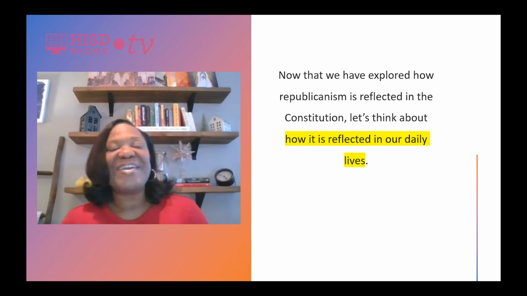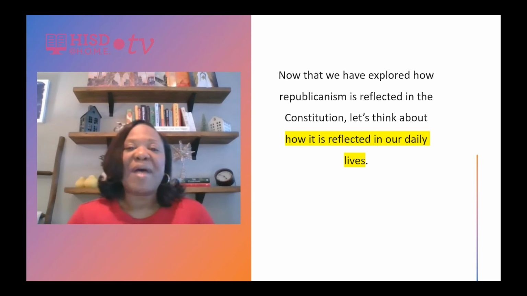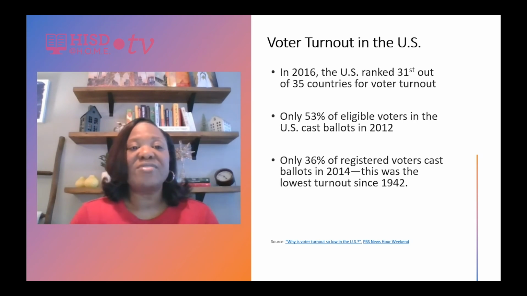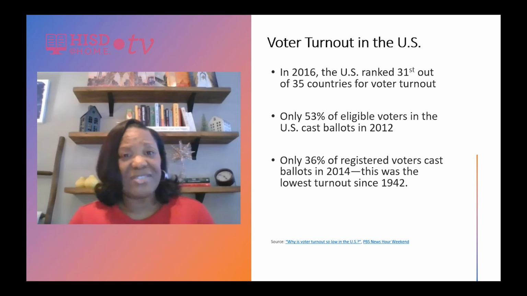So now that we have discovered republicanism and how it's reflected in the Constitution, let's think about how this is reflected in our daily lives. Let's look at voter turnout in the US. In 2016, the US ranked 31st out of 35 countries for voter turnout. 31st?